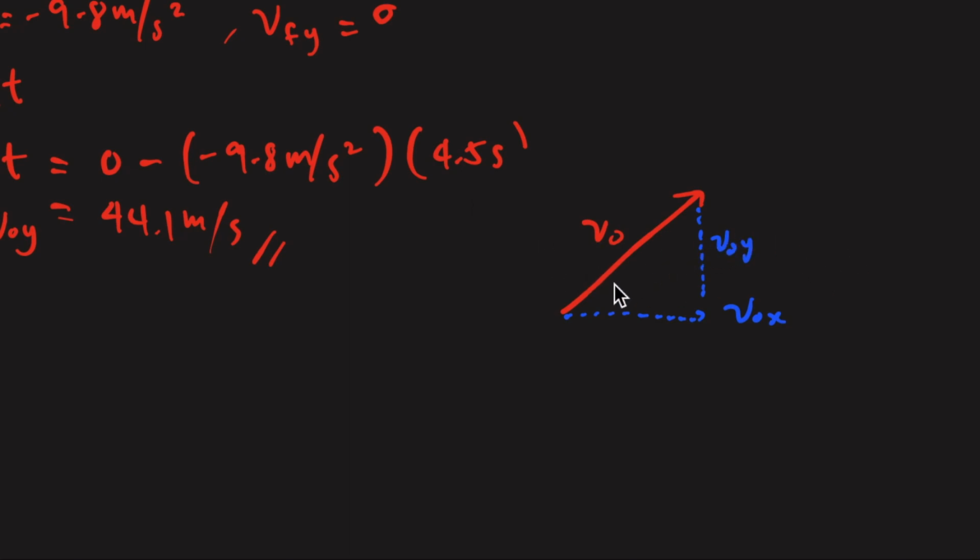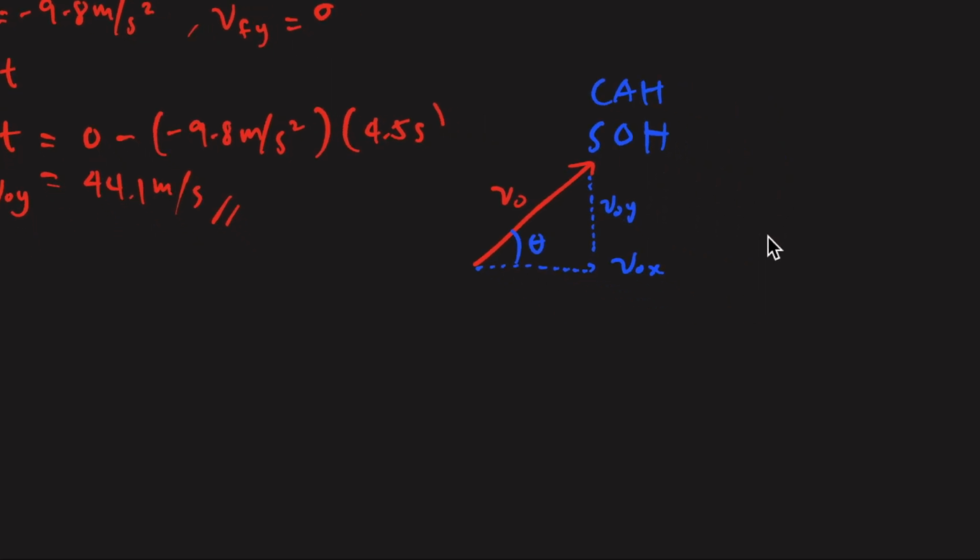Okay, now if this is our angle theta, v naught x here is the adjacent side of the angle theta, while v naught y is the opposite side of angle theta, while v naught here is our hypotenuse. If we use the adjacent side and the hypotenuse, that is cosine, since adjacent over hypotenuse is cosine, while if we use the opposite side and the hypotenuse, we use sine, since sine is equal to opposite over hypotenuse.